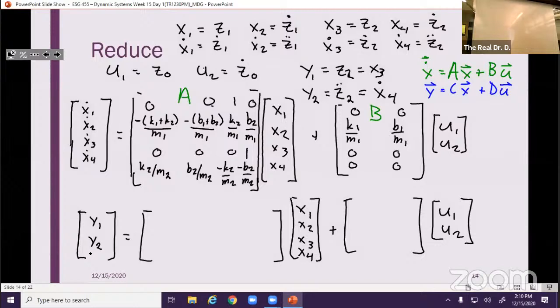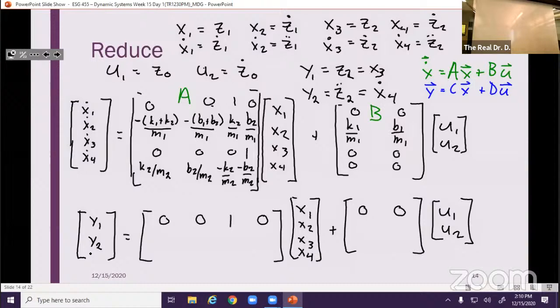So what do I drop in here? Well, y1 was equal to z2, which was equal to x3, right? We wrote that right here. Right there. So that's 0, 0, 1, 0, 0, 0.